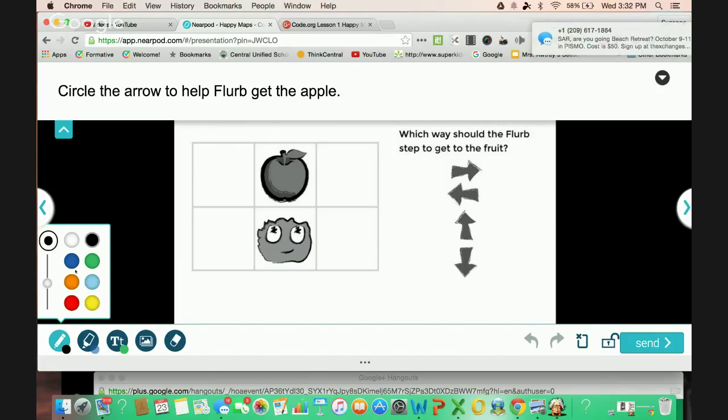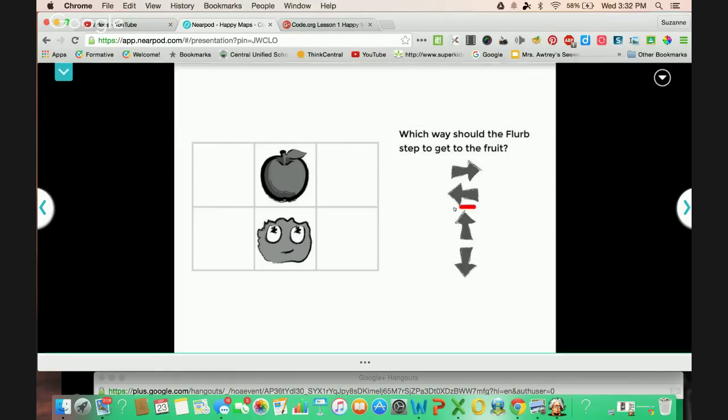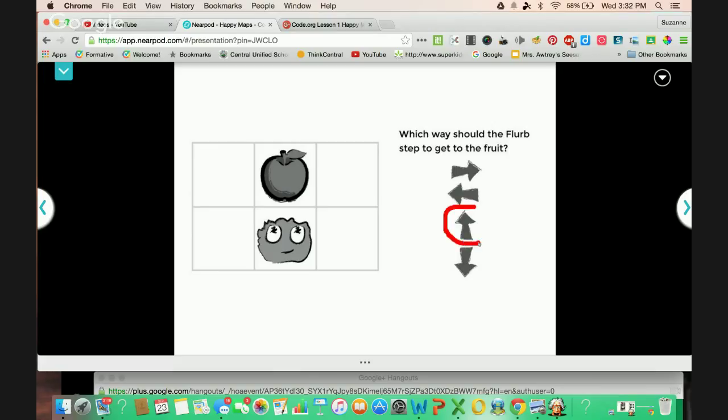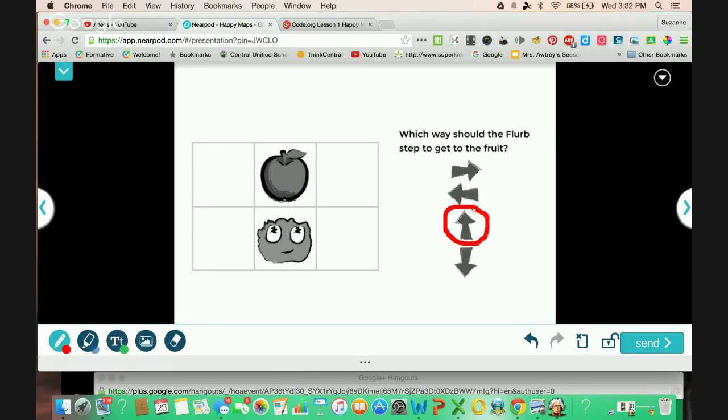So I'm going to choose a red marker. I have my pen selected. I'm going to choose a red marker to circle the up arrow because Flurb is below the apple and he needs to go up to get to the apple.